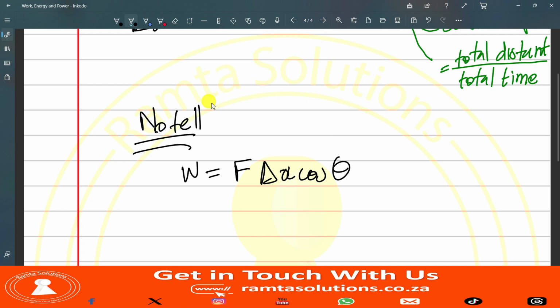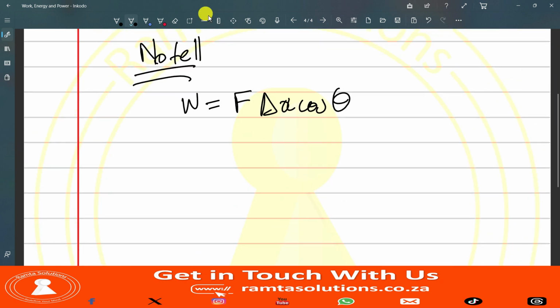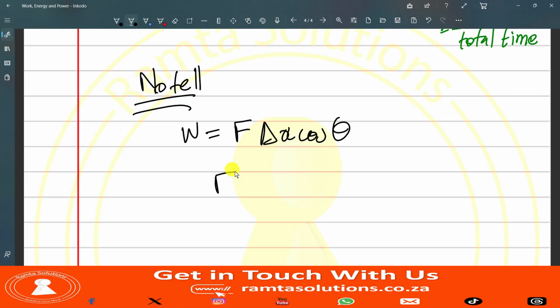It's important to note, for example, I'm going to show you now, for this block, I had said if you draw its free body diagram, it will be something like this.